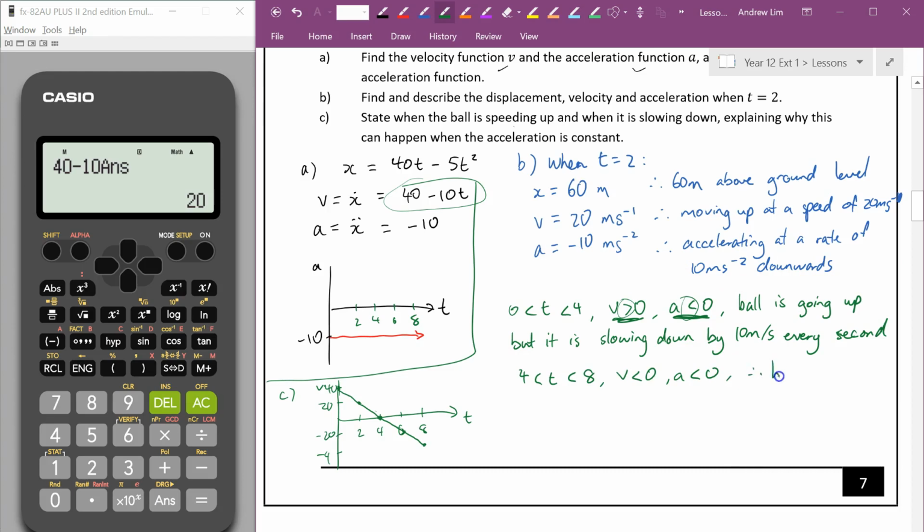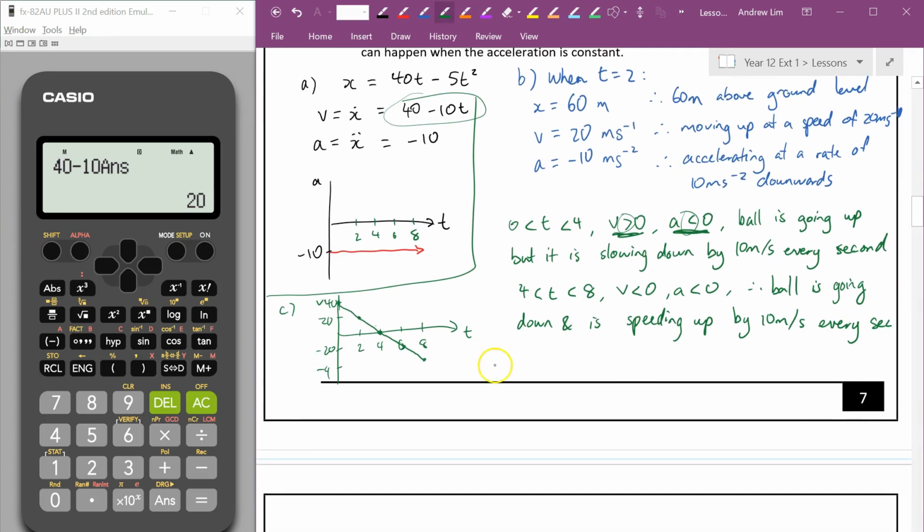So the ball is going down and is speeding up by 10 meters per second every second. Right, I hope that makes sense.